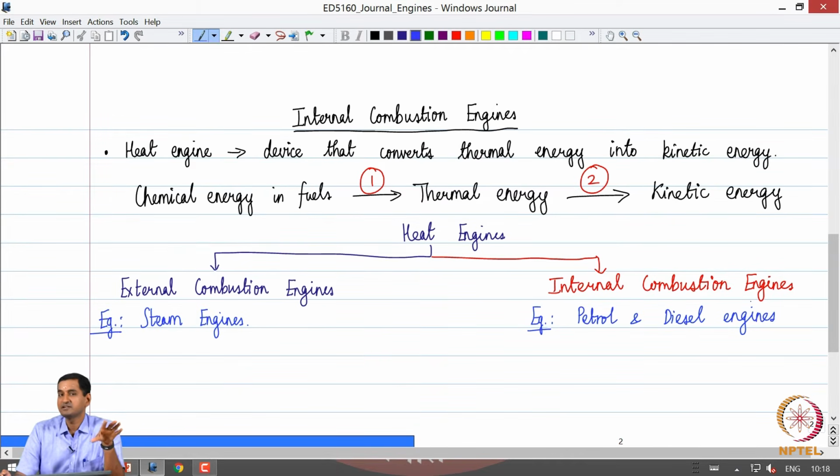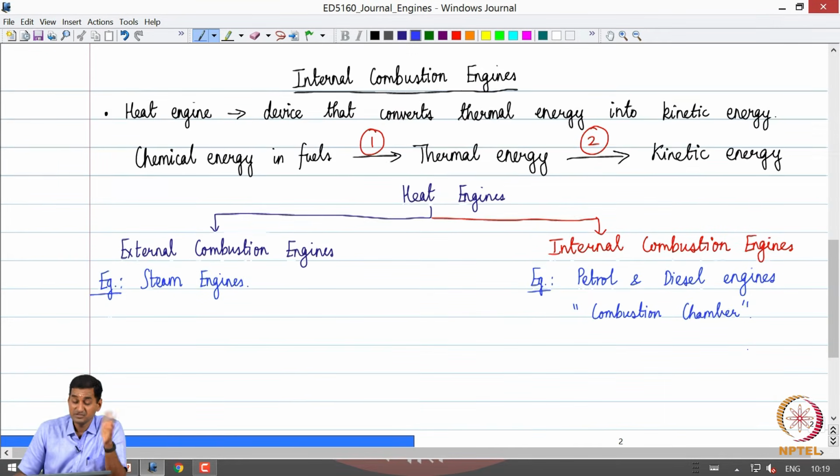Both energy conversion processes happen in the same chamber, which is typically called the combustion chamber. What people call the cylinder or the combustion chamber is the place where these two energy conversion processes take place. I hope the difference is clear.